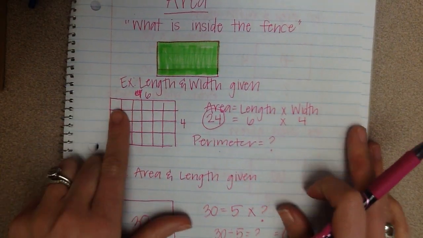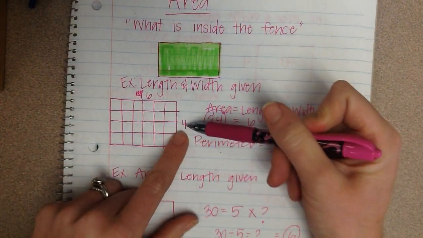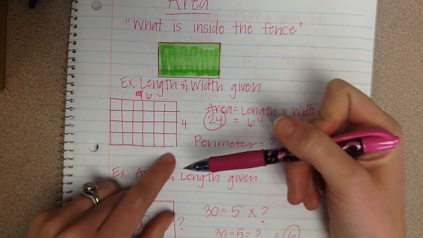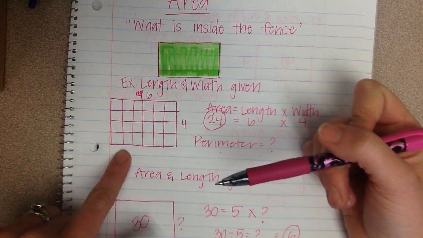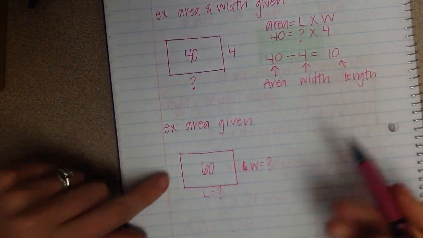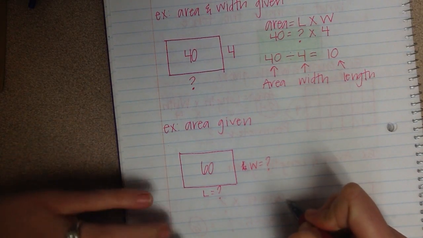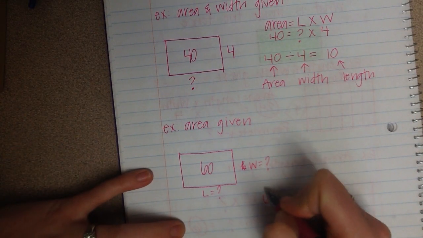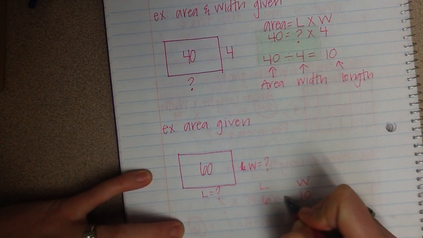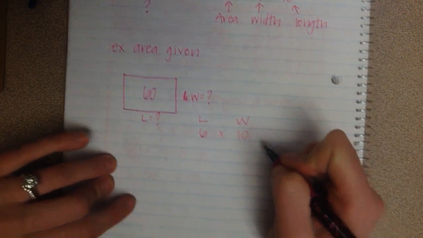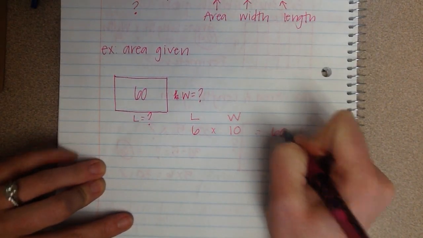Because if I have, we'll say up here, what I have is I have 6 repeated 4 times. That's multiplication right there. That's an array, okay, a rectangular array. So here I could do, let's see, length and width, 6 and 10, because that equals 60.